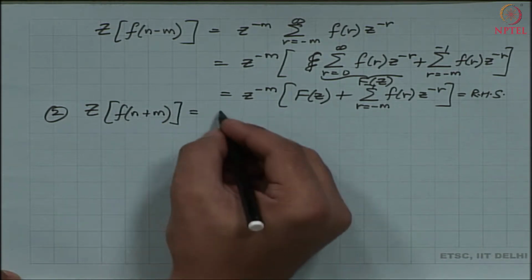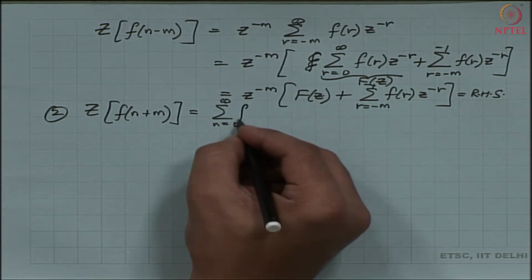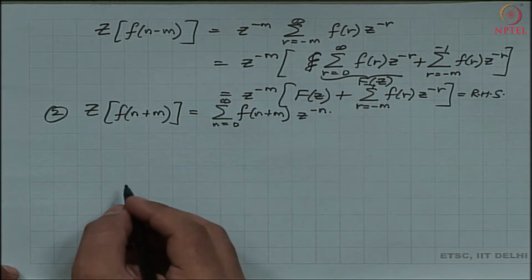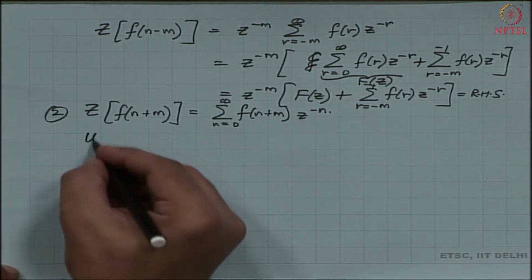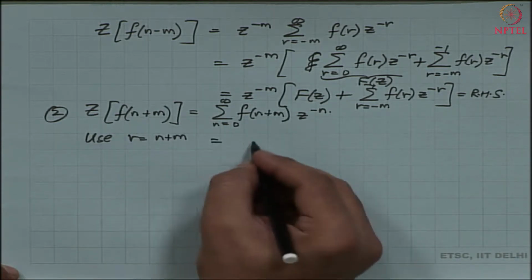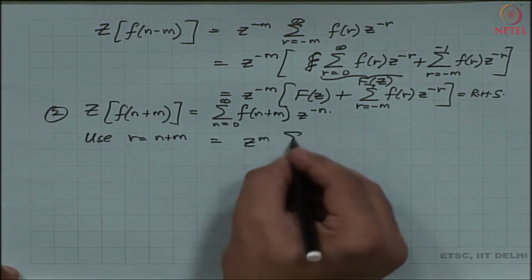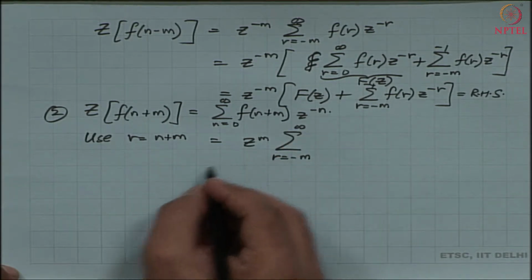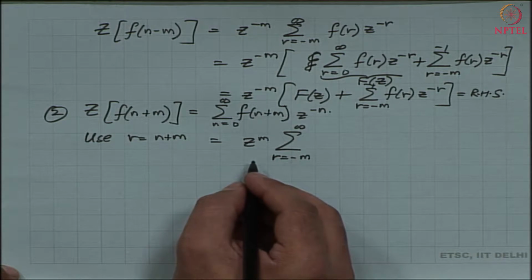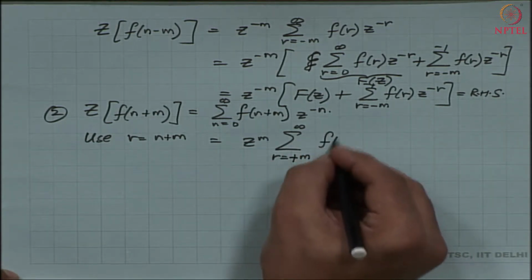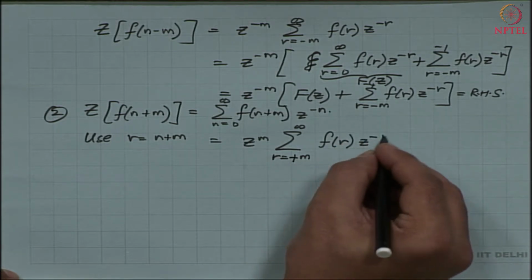Let me quickly show that. Summation n from 0 to infinity f of n plus m times z to the power minus n. If I use my substitution r equal to n plus m, I arrive at the following sum: summation r from m to infinity f of r z to the power minus r.